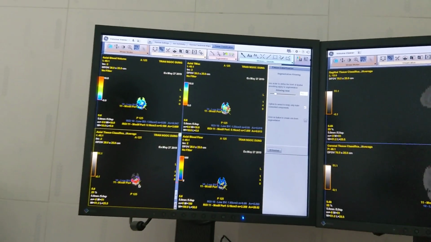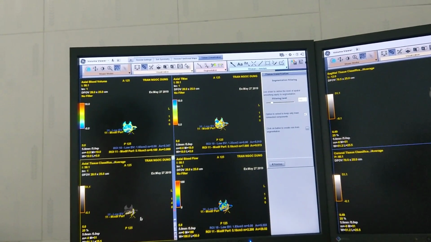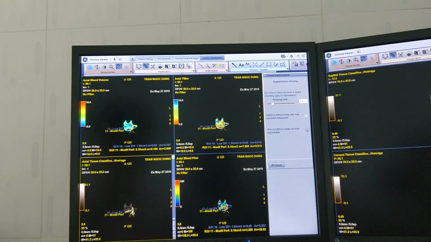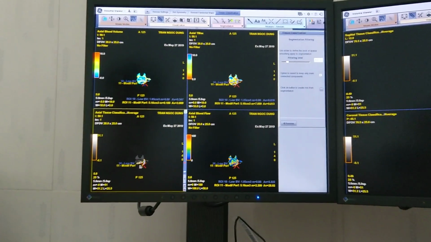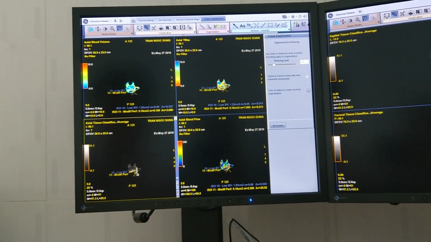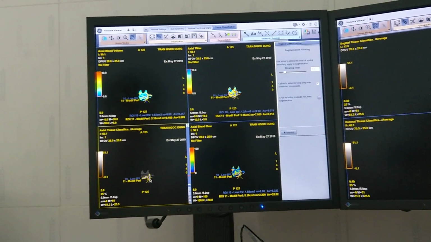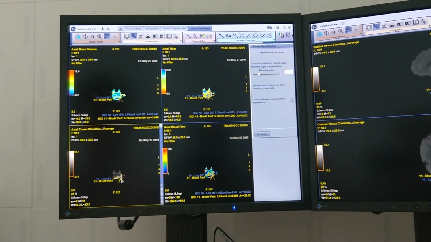But you have this area very low. This is what the computer detected as modified perfusion. So the modified perfusion is the penumbra.